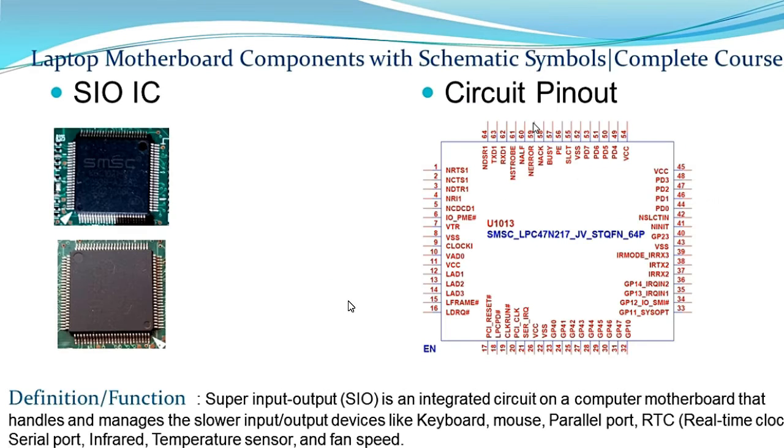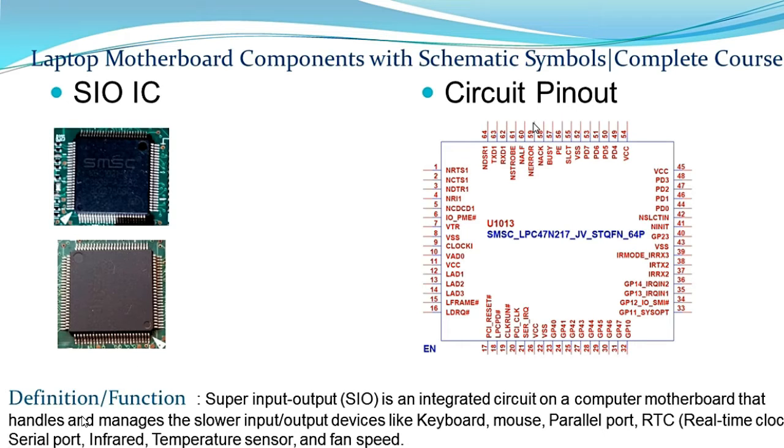So then we have here also one of the most important circuits or ICs in the motherboard. Why? Because this IC is responsible for the whole power in the motherboard. Without this IC, nothing will be powered on.